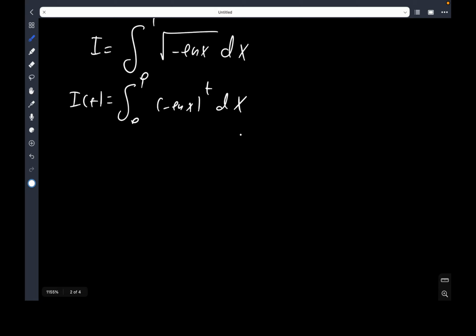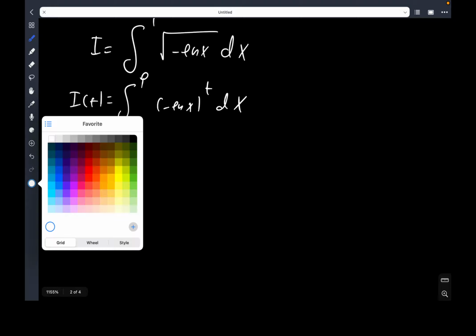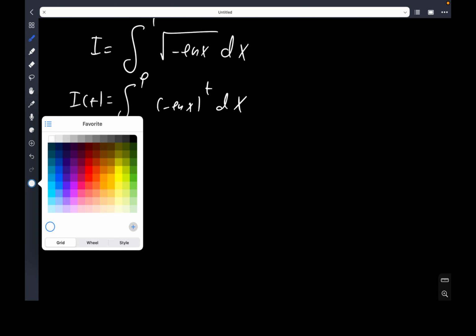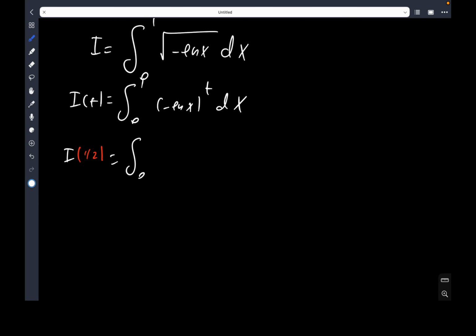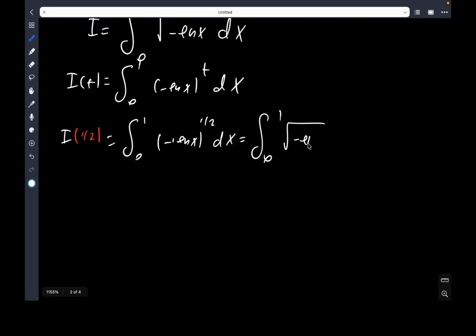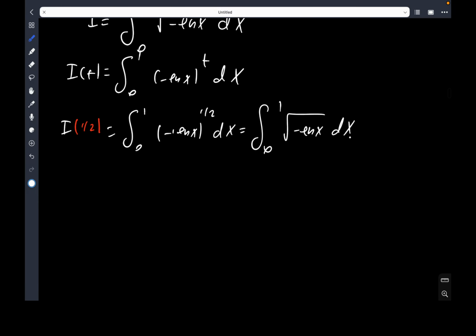And if I find I of half, that means I have found the integral from 0 to 1 of (negative ln x) to the half dx, which means it is the integral from 0 to 1 of root negative ln x dx.